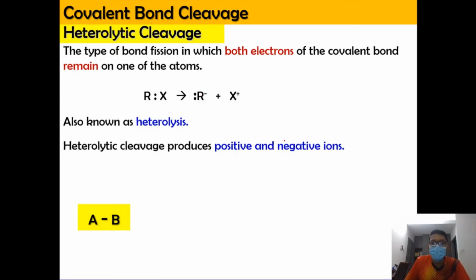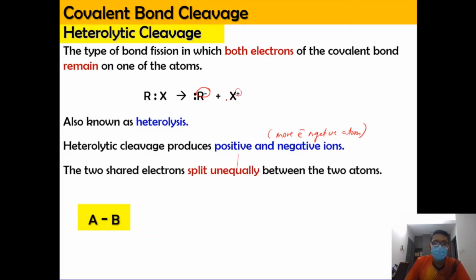The negative ion will be the more electronegative atom, the one that pulls electron density towards itself and therefore carries a negative charge. Meanwhile, the species that has not gotten any electron will carry a positive charge.